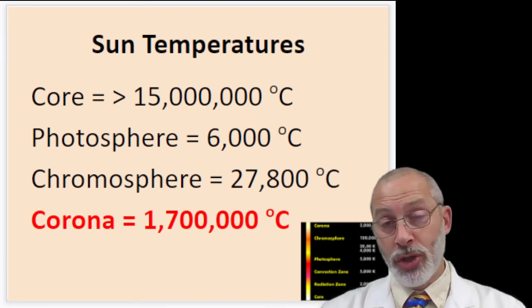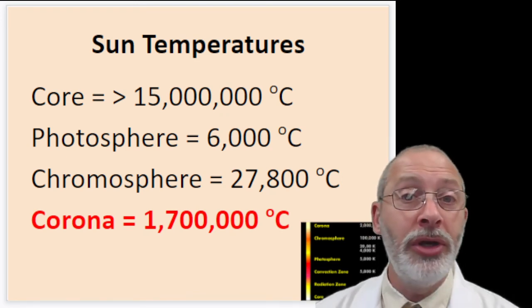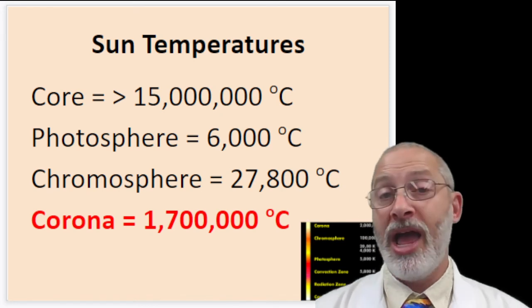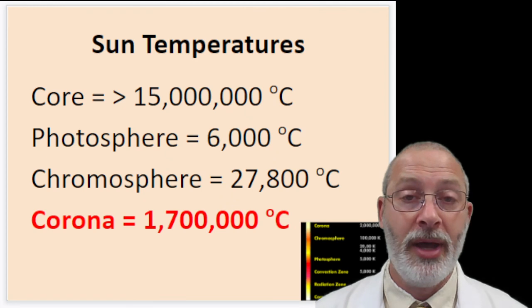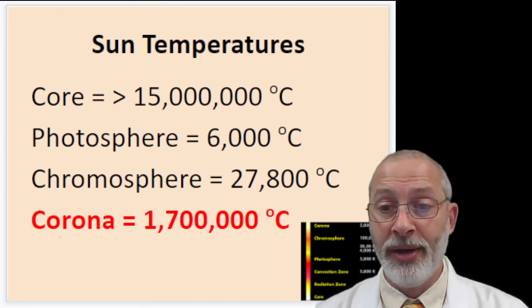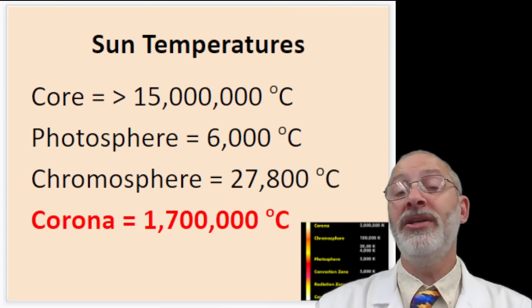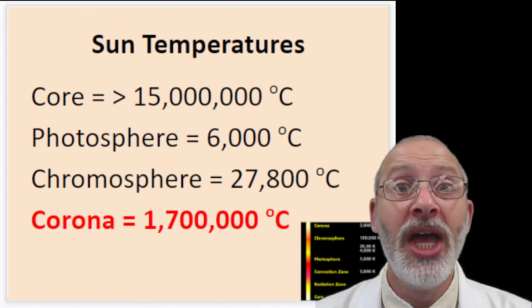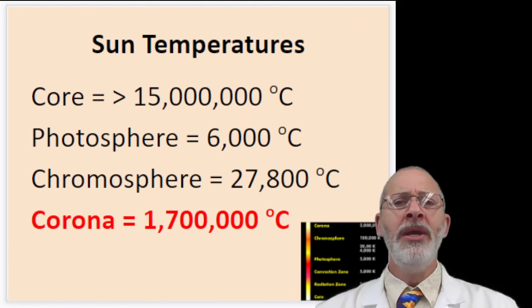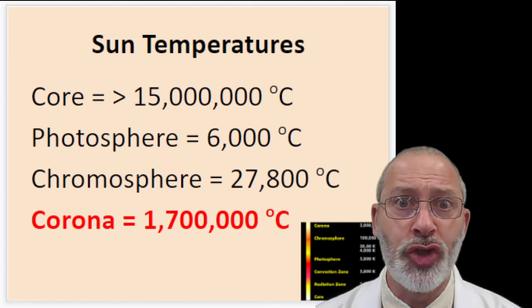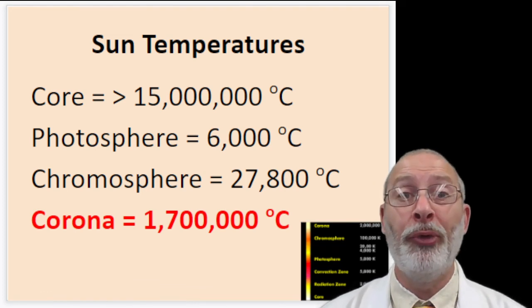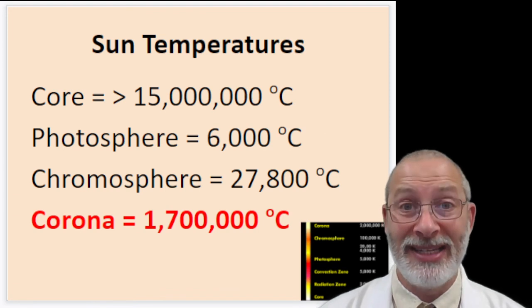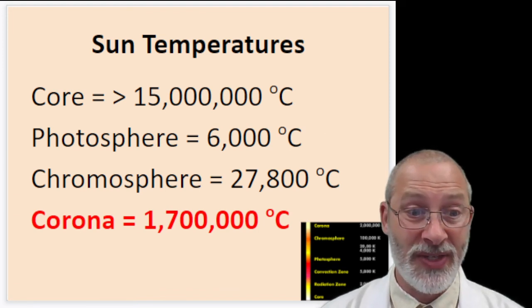Hopefully, your generation will learn the reason why, and perhaps maybe we'll learn something that will benefit us here on Earth. But until that time, it remains a mystery. But as I said before, these extreme temperature changes allow for some pretty nasty activity to take place on the sun.